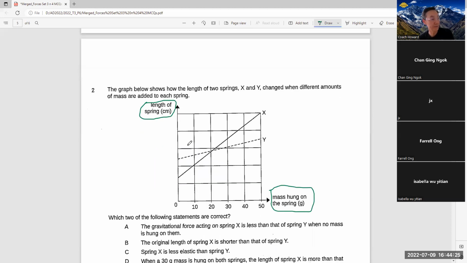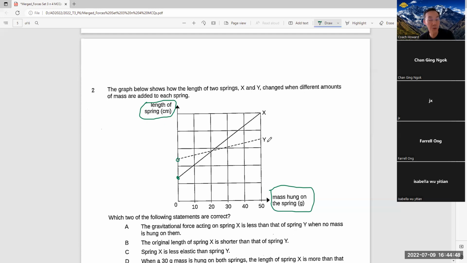You notice here, length of spring. At 0, the spring must have a certain length. So that means X is actually a shorter spring than Y from the beginning. X is this line, shorter than Y. So this is the first thing you know.